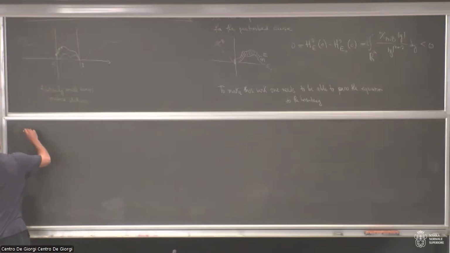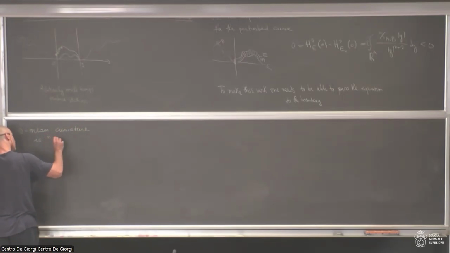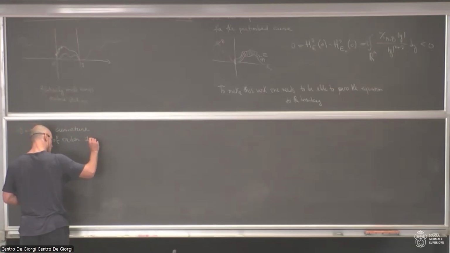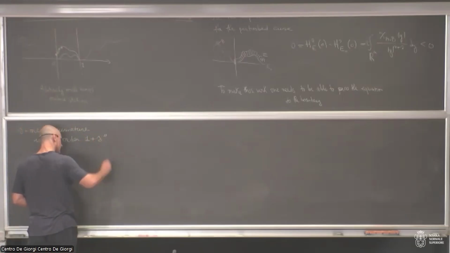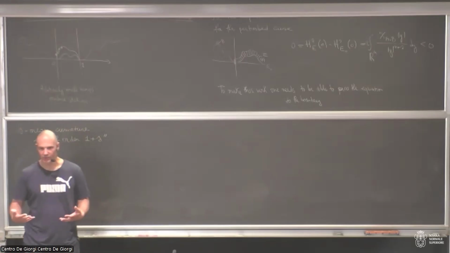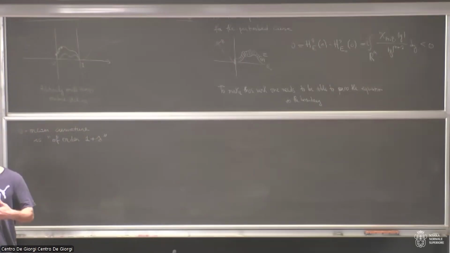So the S-mean curvature is, whatever it means, of order one plus s. So the classical mean curvature for me is of order 2, because if you write it in coordinates, it's like the Laplacian plus blah, blah, blah.